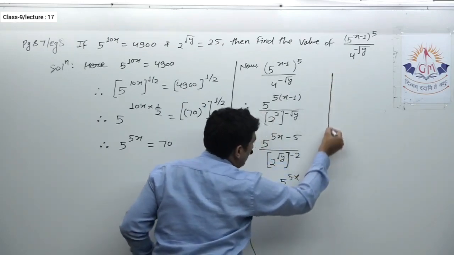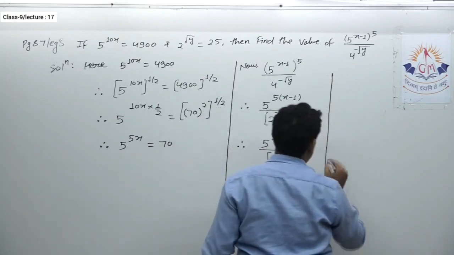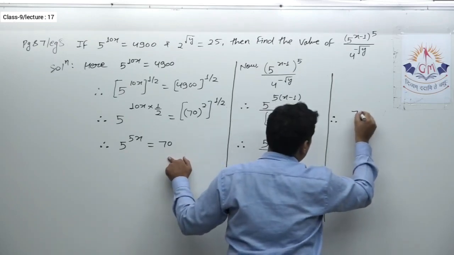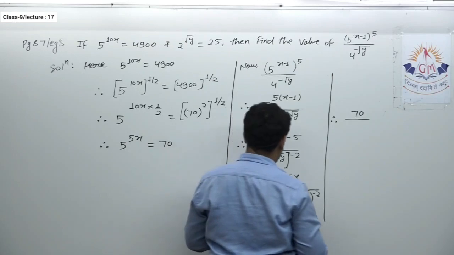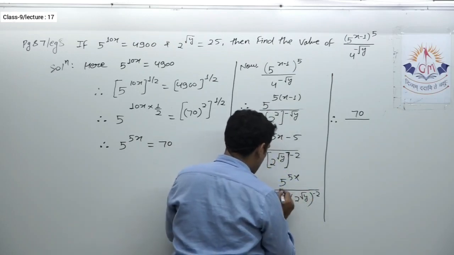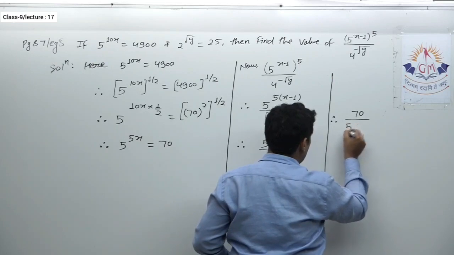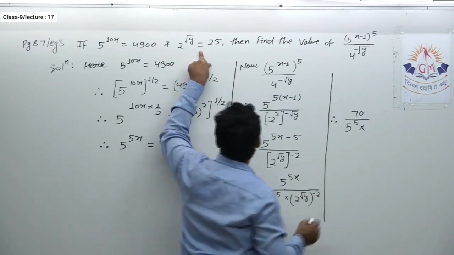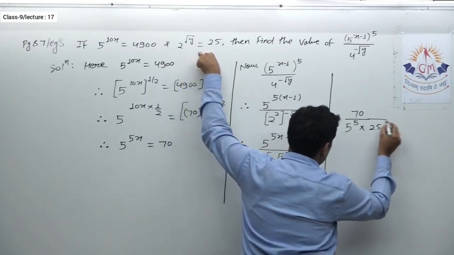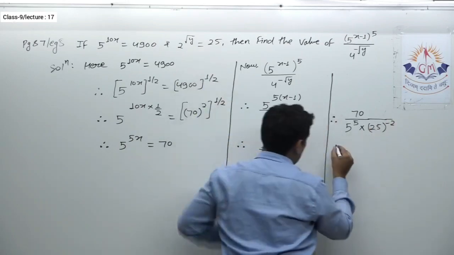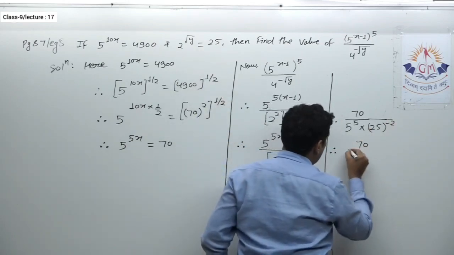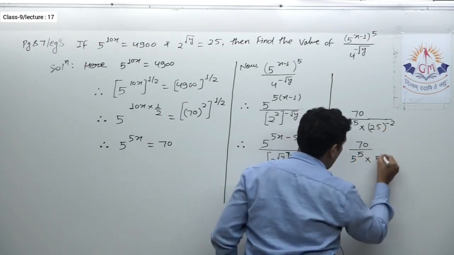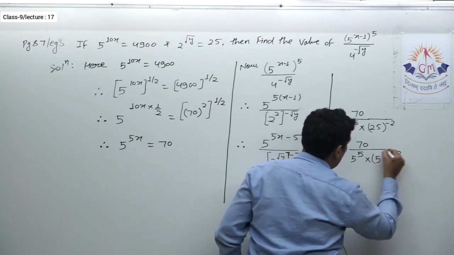Now I'll simplify it. I just have to put in the values. Here I can put the value of 5 raised to 5x, that is 70, divided by 5 raised to 5, multiplied by 2 raised to root y, which is 25, raised to minus 2. So this becomes 70 upon 5 raised to 5 multiplied by 25, which is 5 squared, raised to minus 2.